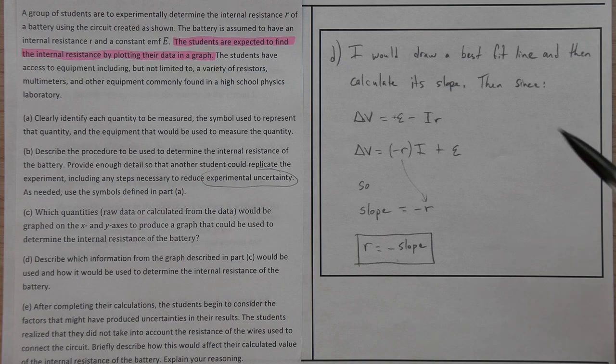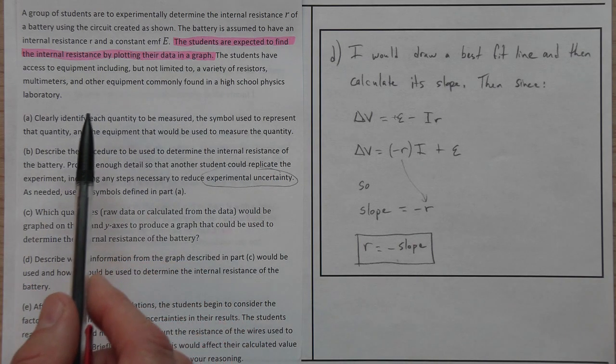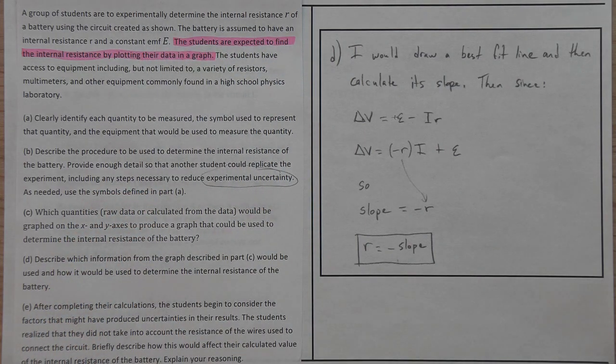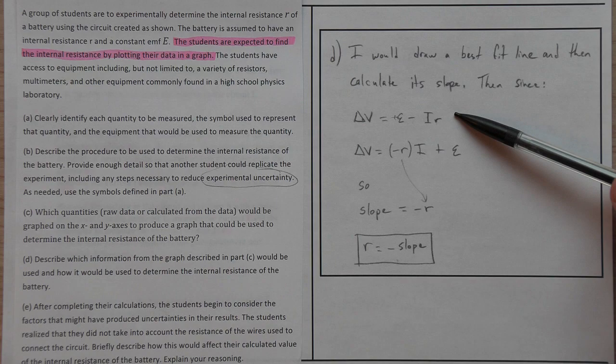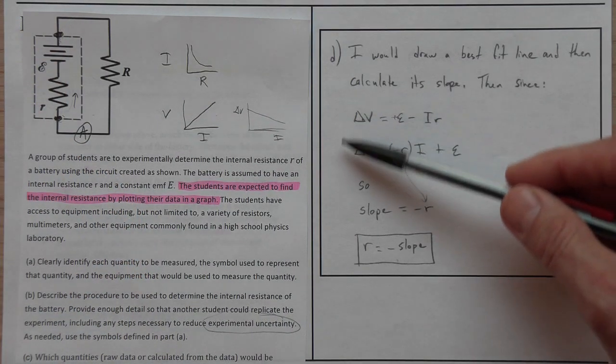Okay. Now, what am I going to do with that slope? I did say calculate the slope. Well, that's not telling me what I'm looking for. They're saying we want to determine the internal resistance R. So how do I use the slope? I use that Kirchhoff's loop rule analysis from here to here. I already explained this.